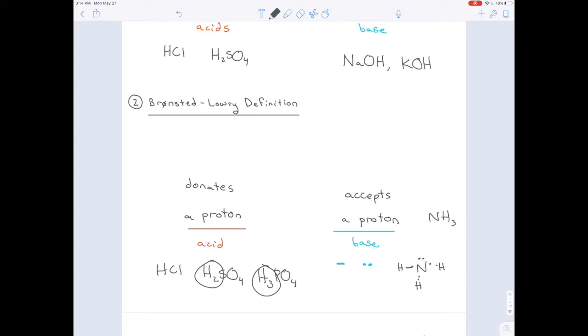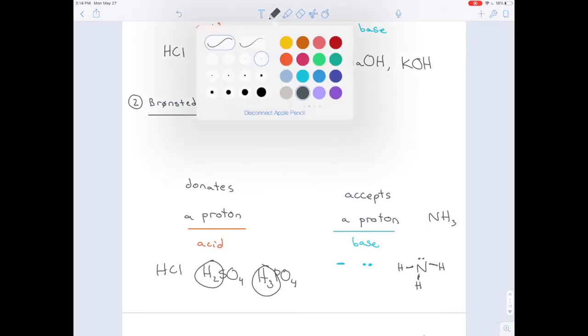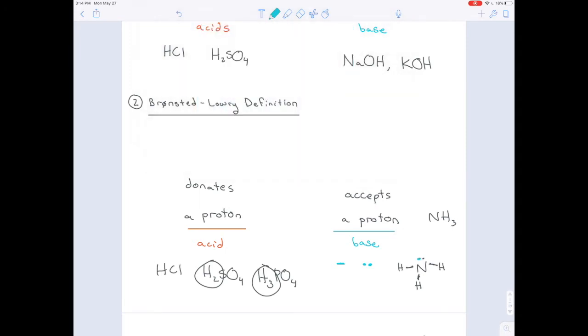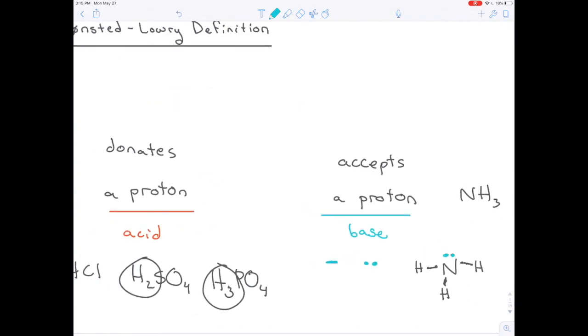So notice how you can form this bond between these molecules, and at the top here, you have that lone pair on the nitrogen. That lone pair is a place where there's a lot of negative charge. Electrons have negative charge, and so that would attract a positive charge. It would attract and stick to or accept a proton.